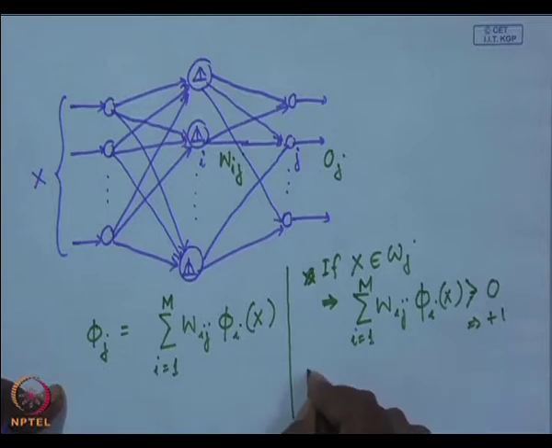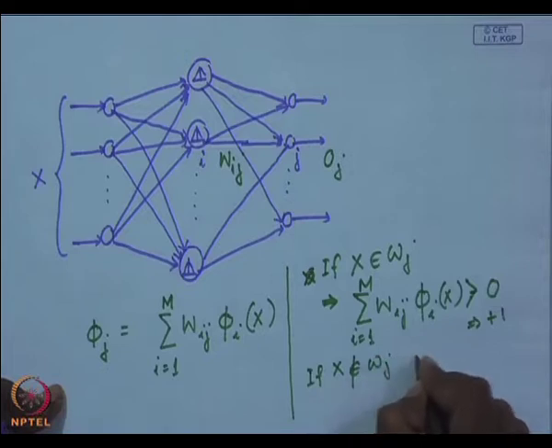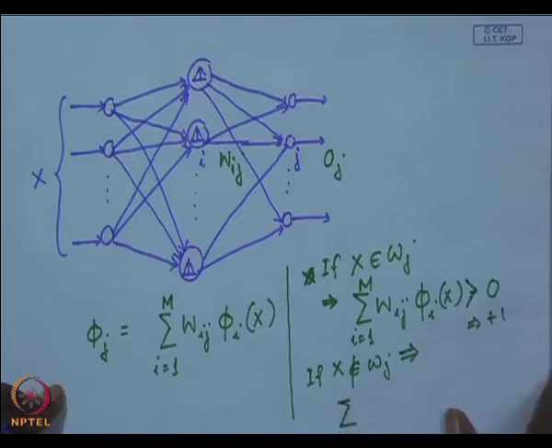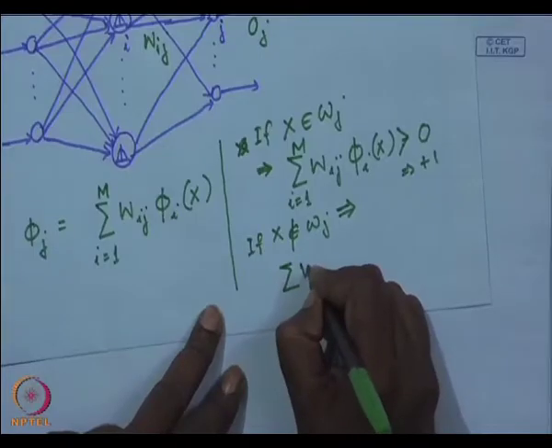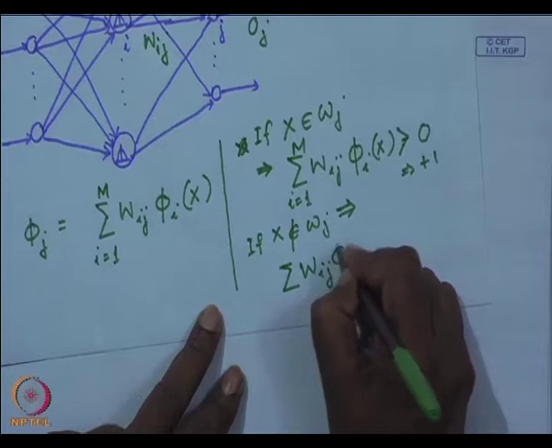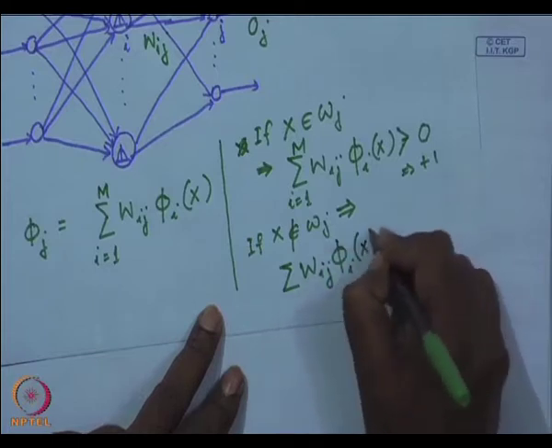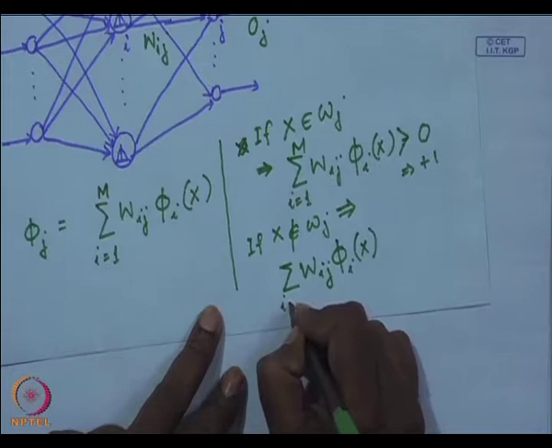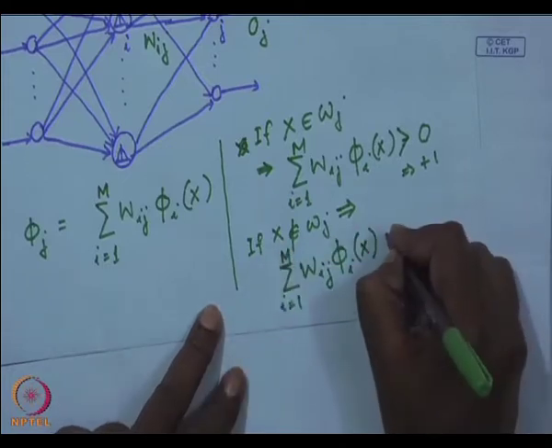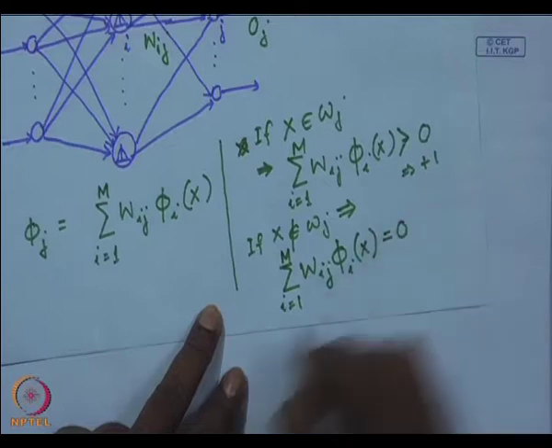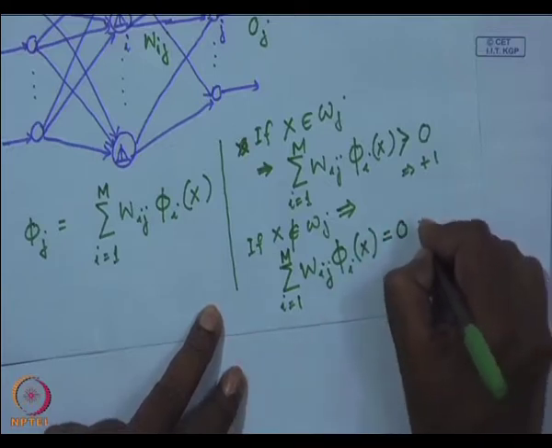And if x does not belong to omega j, that indicates that the sum of W i j into phi i of x, i varying from 1 to capital M, must be equal to 0, or I can also put it as minus 1.